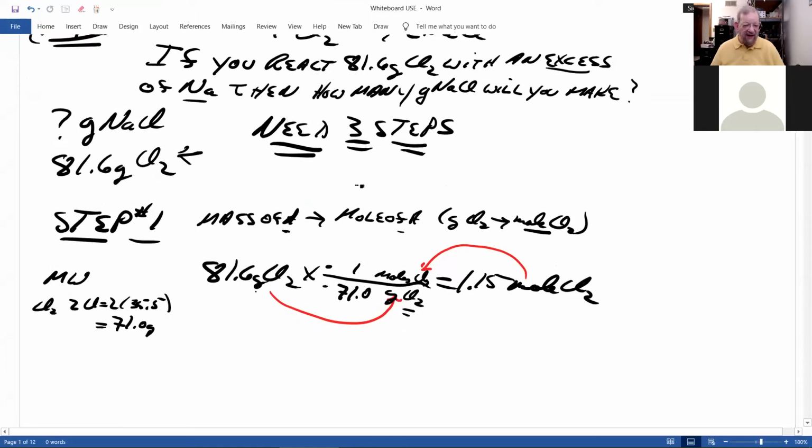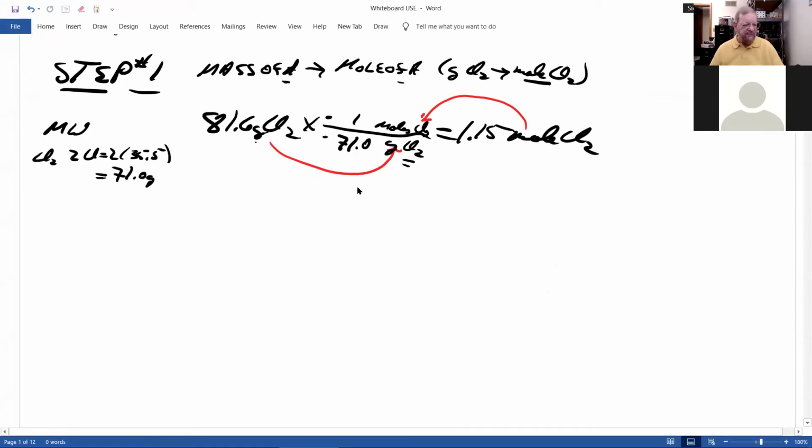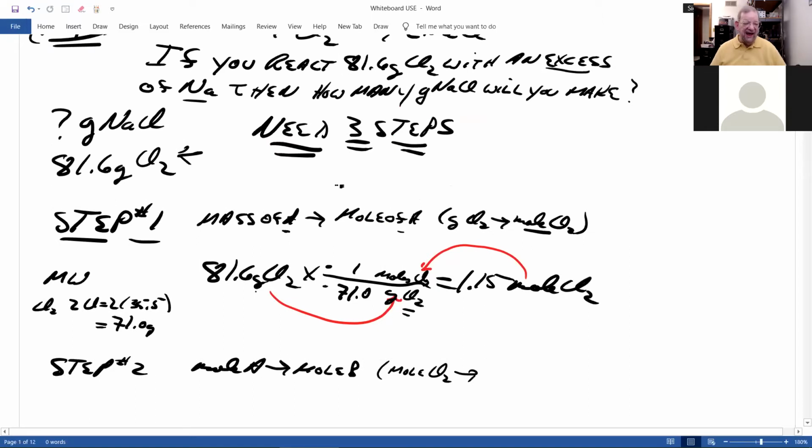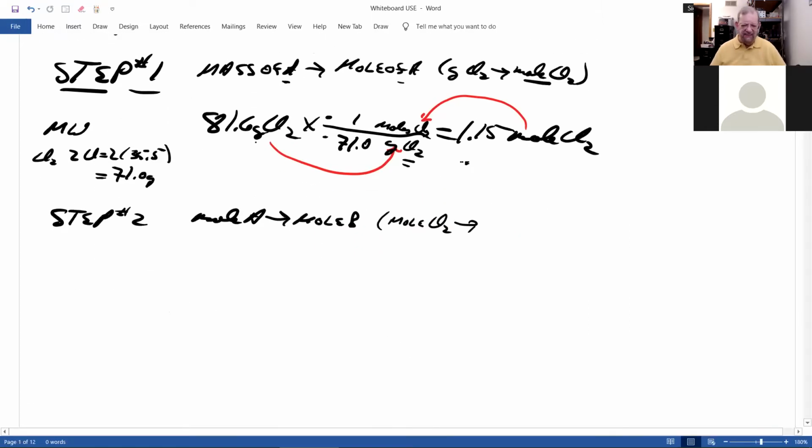All right, now we've done step one. Now we have to do step two, and step two is moles A to moles B. In this case, we just figured out moles of chlorine, and we want to go to moles of the molecule we want in our answer, and that's sodium chloride.